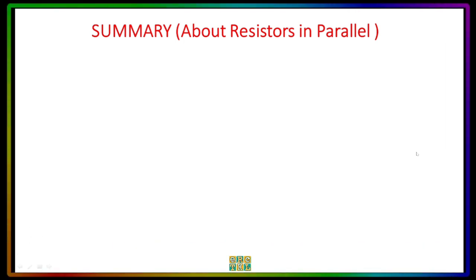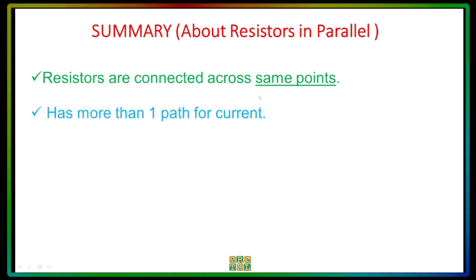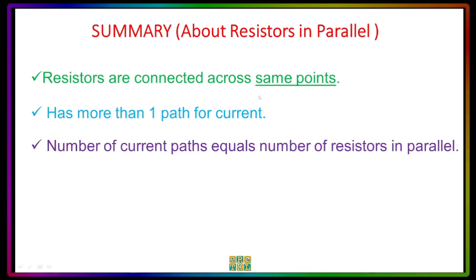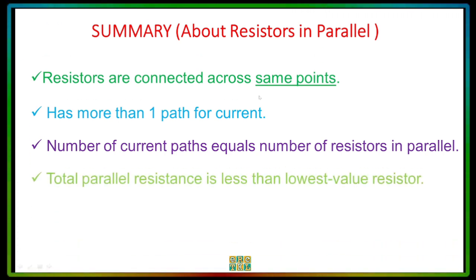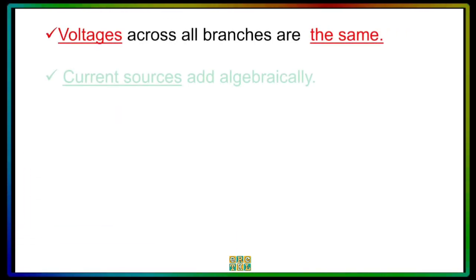Now, in summary about resistors in parallel, again, the resistors are connected across the same points. It has more than one way for current. The number of current paths equals the number of resistors in parallel. The total parallel resistance is less than the lowest value resistor. The voltages across all branches are the same.